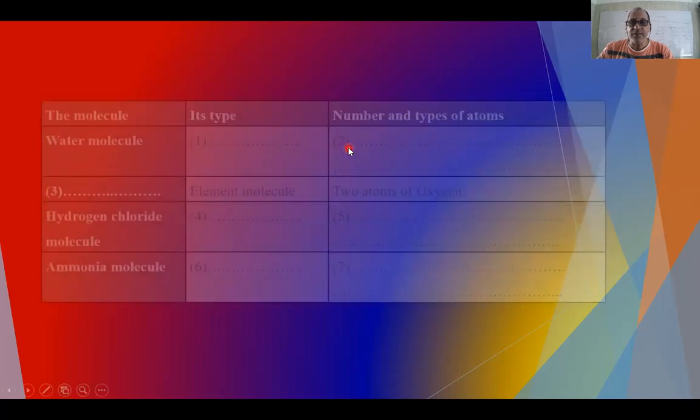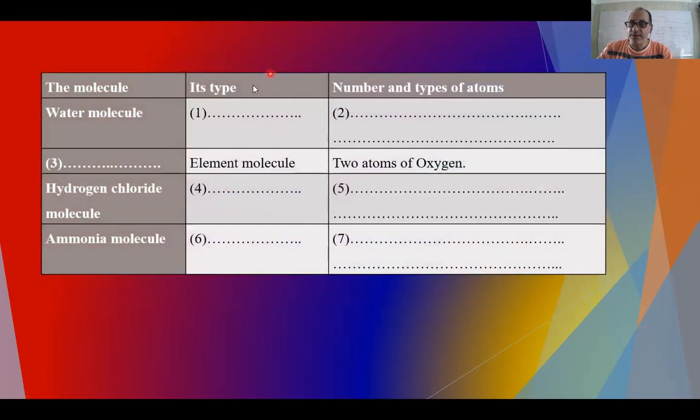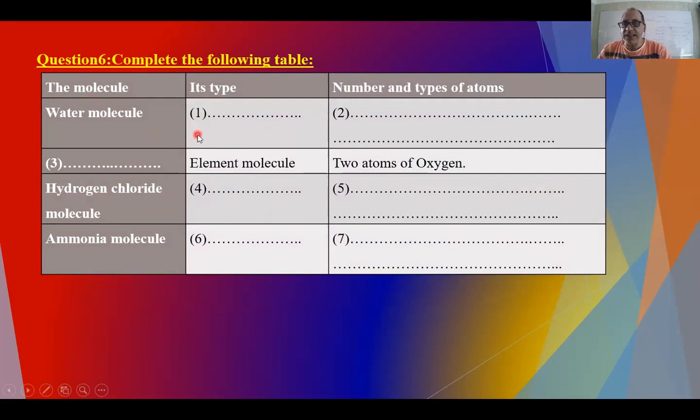Our last type of question is: please answer this question. Complete the following table. Water, the type, is it an element or compound molecule? Of course water is a compound, consisting of 2 hydrogen and 1 oxygen. Come here.